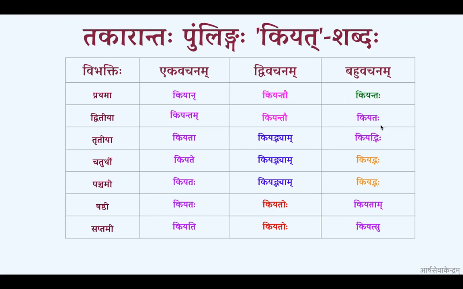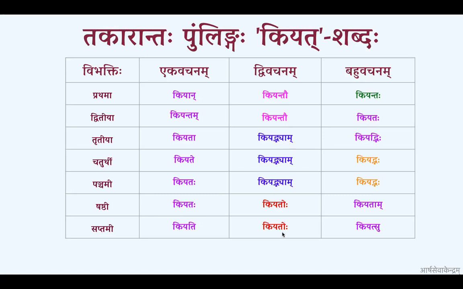So the Dvitiya Bahuvachanam is the same as Panchami and Shashti Ekavachanam: kiyataha, kiyataha. And in Dvivachanam, Prathama and Dvitiya are the same, kiyantau. And Tritiya to Panchami, it is bhyam, bhyam, bhyam, as always.